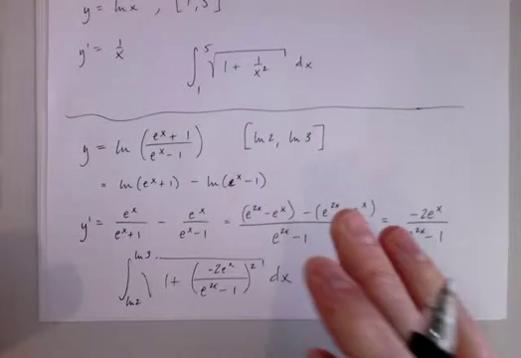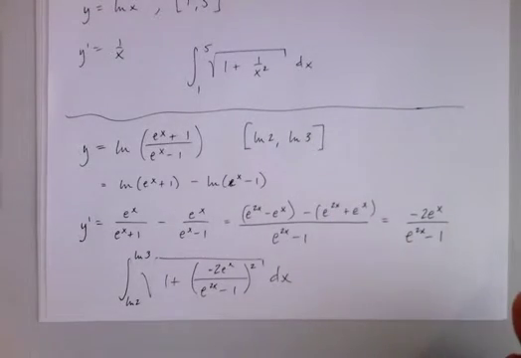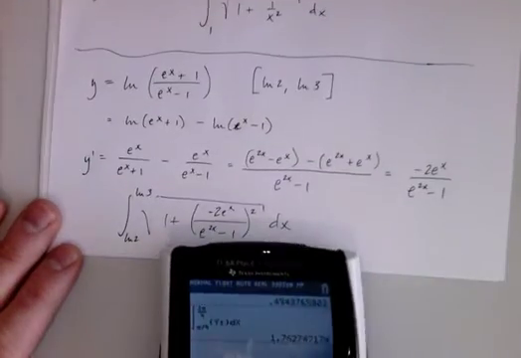Okay, so remember, we're just setting it up so that we can plop it into our calculator if need be. Now, if you were doing this wholly by calculator, you wouldn't really have to do that much.